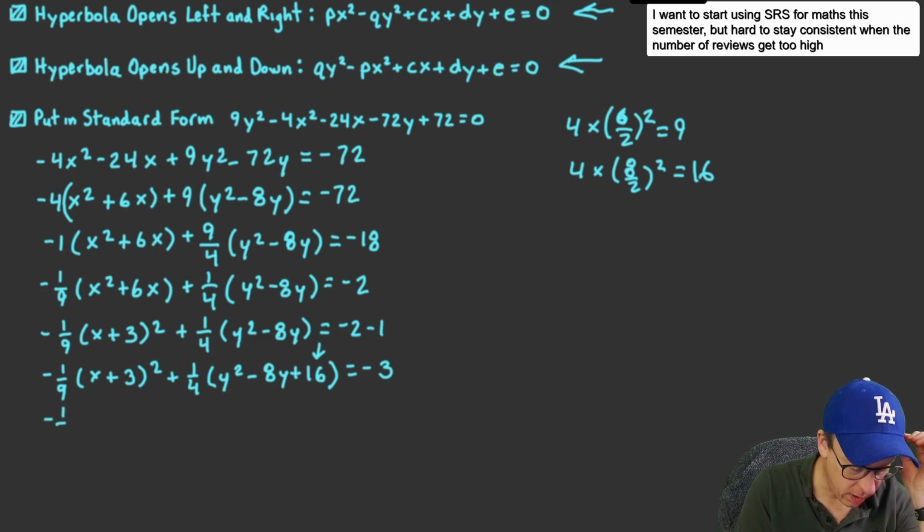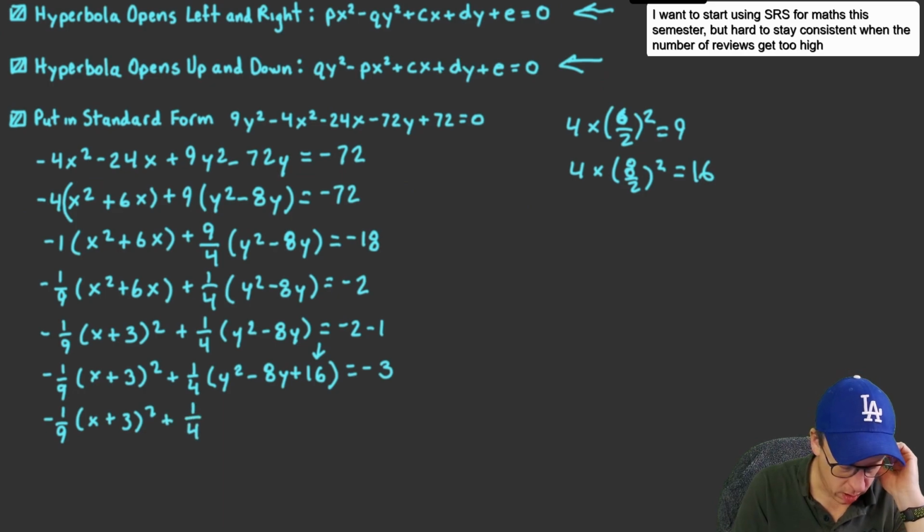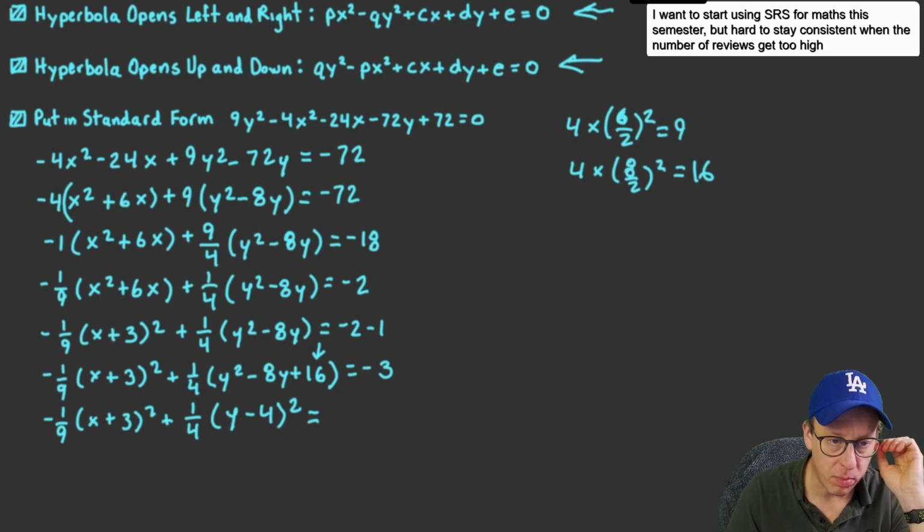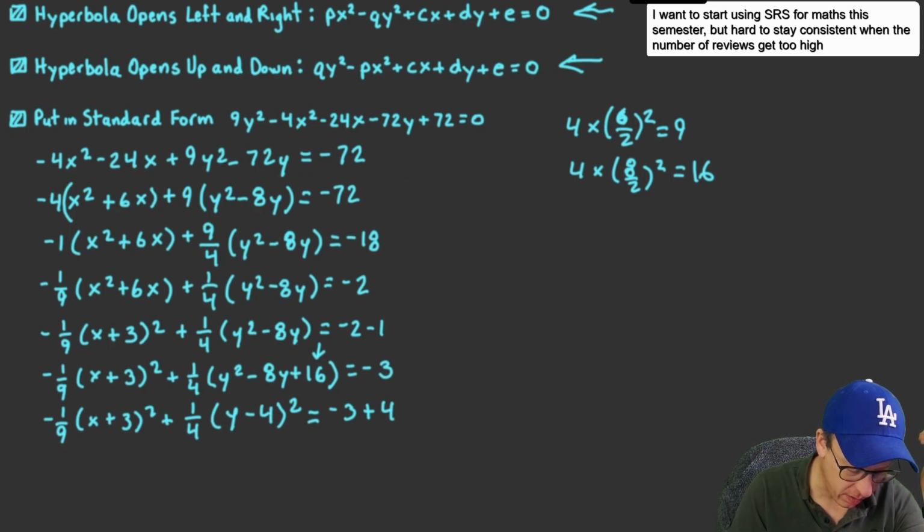That's going to be 1/9 (x + 3)^2 plus 1/4 (y - 4)^2. If we multiply the 1/4 by 16, we get a value of 4, and that leaves us with 3 plus 4. Now that we have this, we just put the 9 under the (x + 3)^2 and the 4 under the (y - 4)^2.